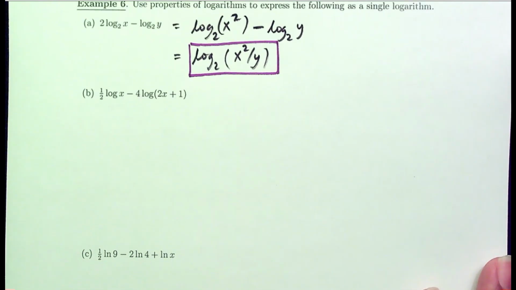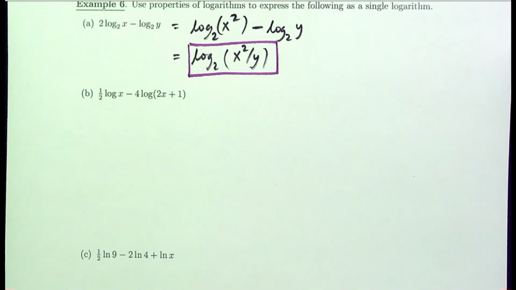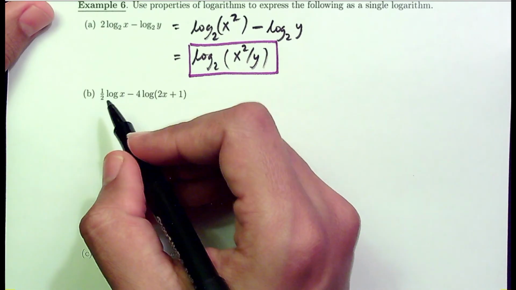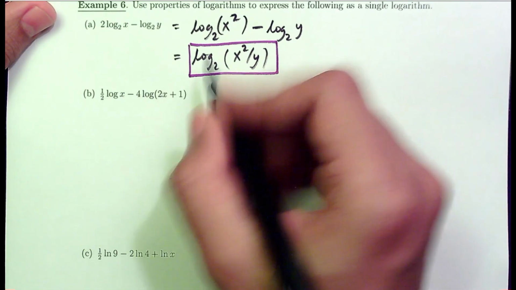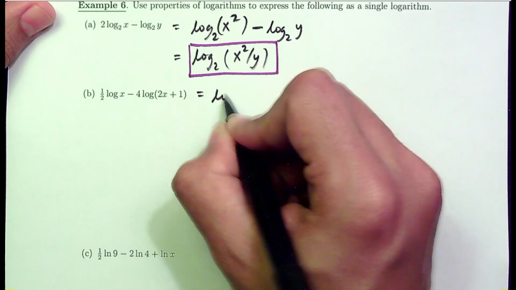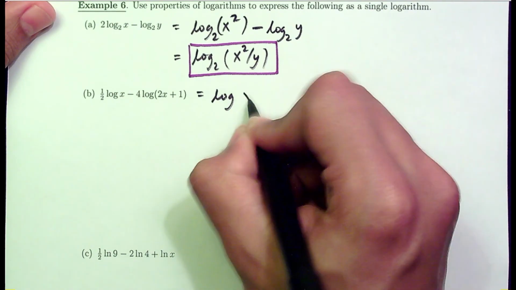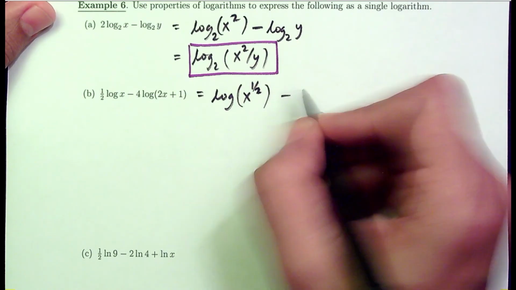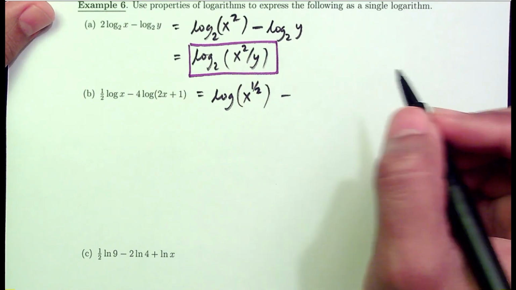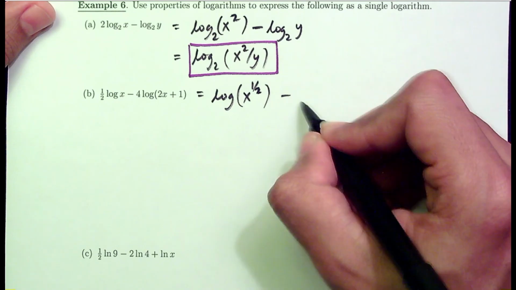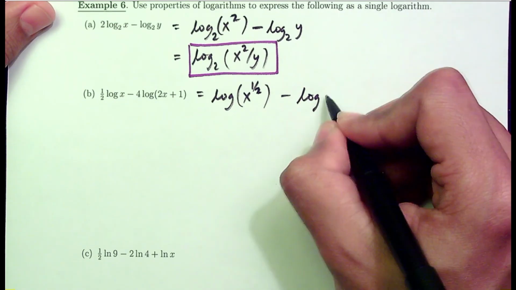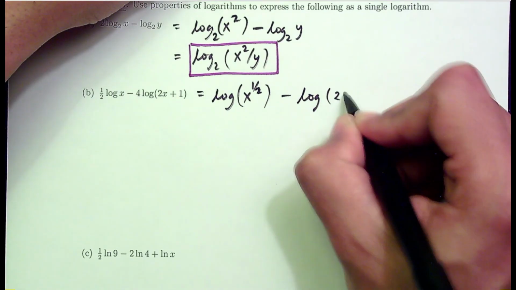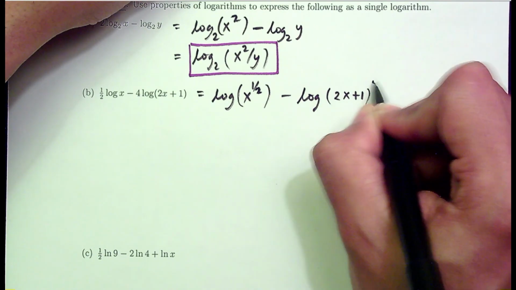Okay, now let's condense the next expression. So start again by moving coefficients inside. You move them inside as an exponent. So this is log x to the 1 half. And then move the 4 inside as well. It becomes an exponent: log (2x plus 1) to the 4th.